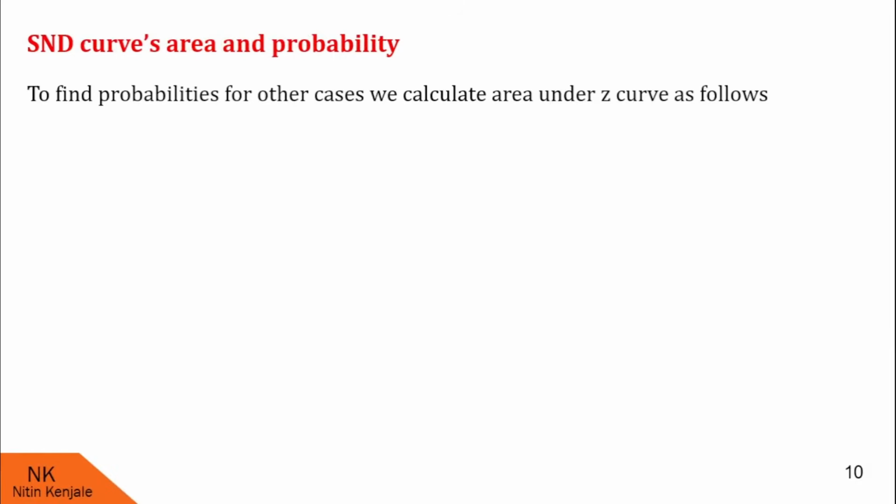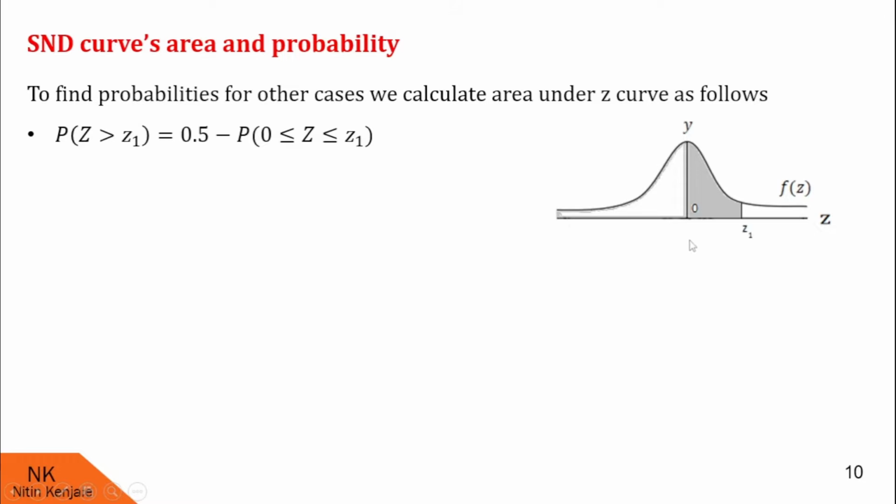Similarly, to calculate probabilities for other cases, we calculate the area under the z curve as follows. For example, probability of z greater than z1 is given by 0.5 minus probability of z between 0 and z1. Let us understand this with the help of a graph. Here is z1 on the z-axis. We want probability of z greater than z1. That means the area from z equal to z1 to z equal to infinity.